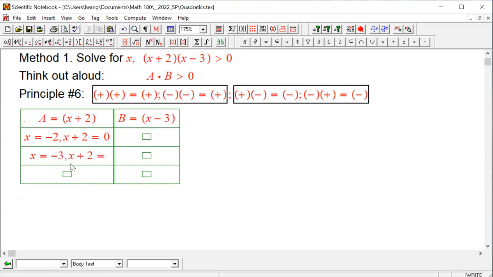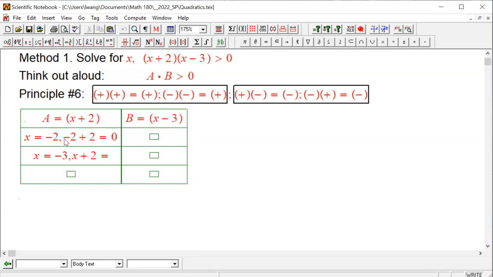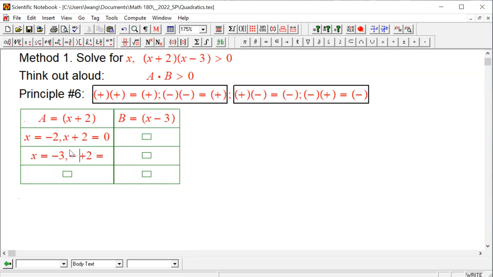If x is less than -2, -3 is less than -2, so x plus 2 is going to be equal to -1. So when x equals -2, x plus 2 is 0. If x equals -3, x plus 2 is negative.